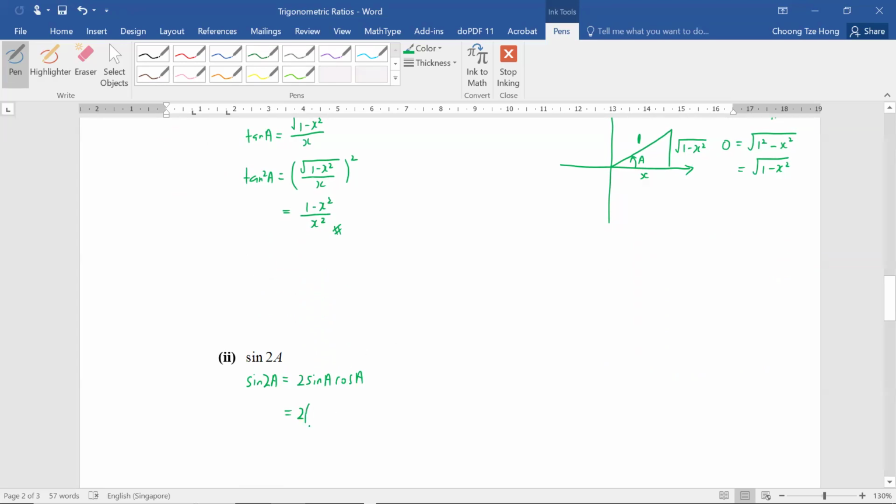Then cosine A is x over 1. If you multiply, the denominator will just be 1 times 1, so it's still 1. That means the final answer will just be 2x times the square root of 1 minus x squared. So you can see that once you get out the triangle, everything will be very easy to solve.